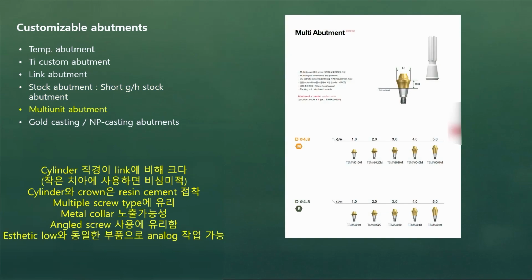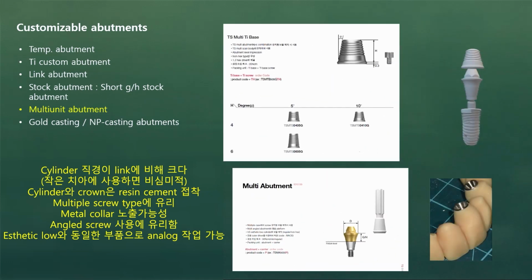Now multi-unit abutment, and for this multi-unit abutment, in the connected fixture, it's as if it's turned into an external one. Its diameter starts from 4.8, so compared to link abutment and stock abutment, it starts off a bit thicker. On top of that, the metal cylinder is there, and it also comes with thickness.